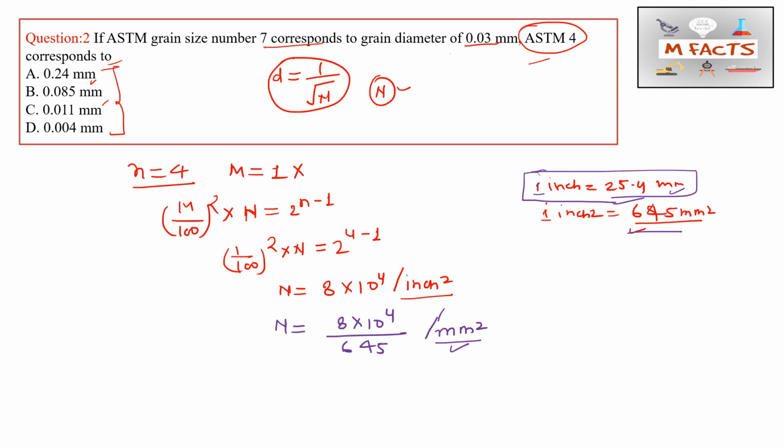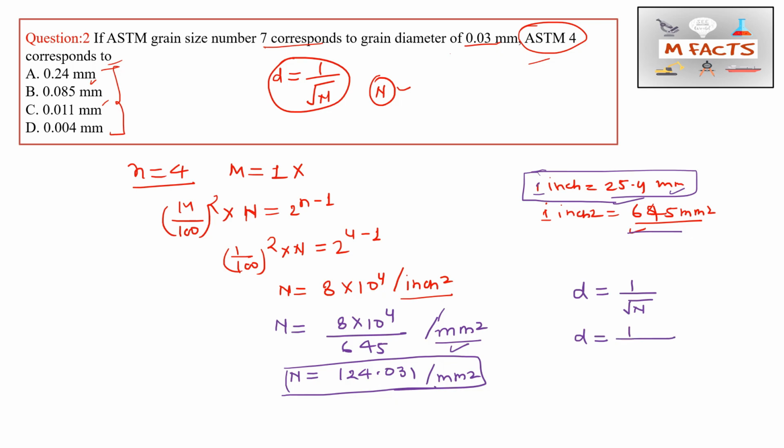So this n value we will get is 124,031, and that is per mm square. We have calculated this n value, and we need to calculate the grain diameter. We know d is equal to 1 by root n, so d is equal to 1 by root of 124,031.